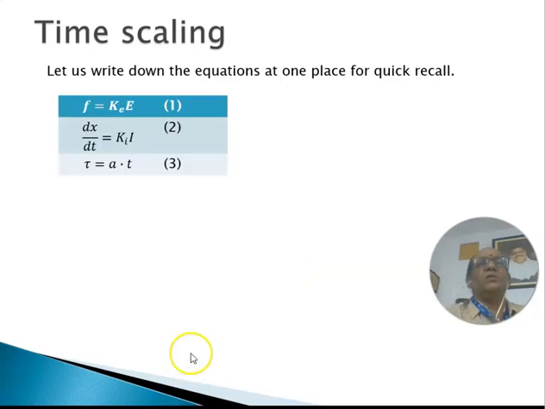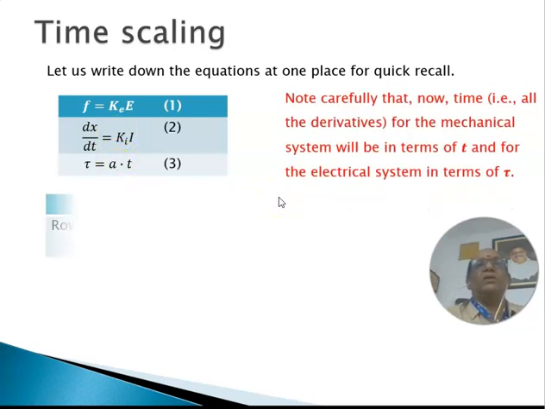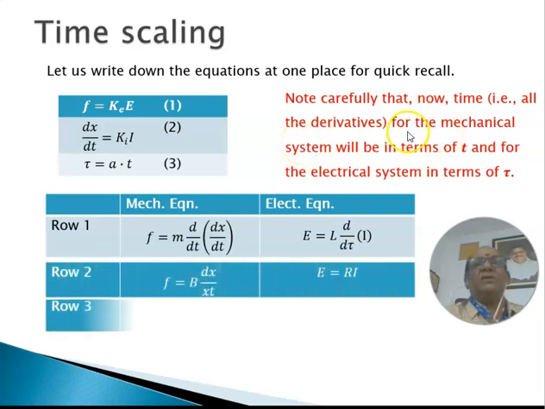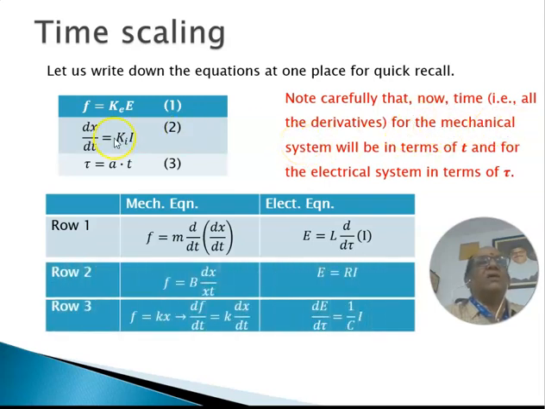We'll try to write the three scaling equations in one place, and note that all the derivatives in the mechanical system are with respect to t. All the derivatives in the electrical system are with respect to tau.